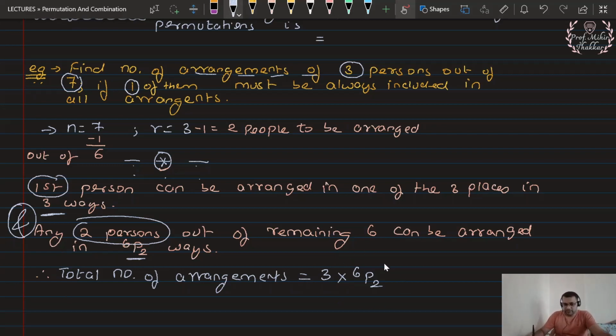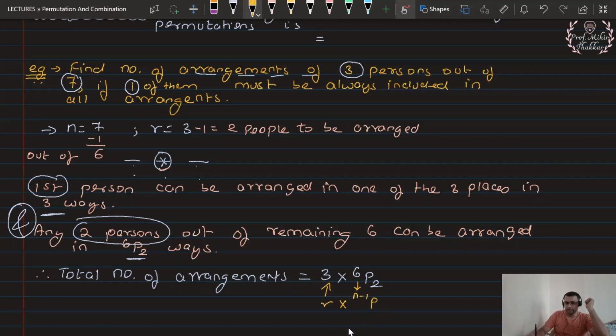So with the help of this, after simplifying, we will get our required answer as per the options that are given. But we are not interested in the actual numerical answer. I am interested in the general formula over here. So how do I get the formula? See, this value 3 is r. So it is r multiplied by 6, which is actually 7 minus 1, so n minus 1.